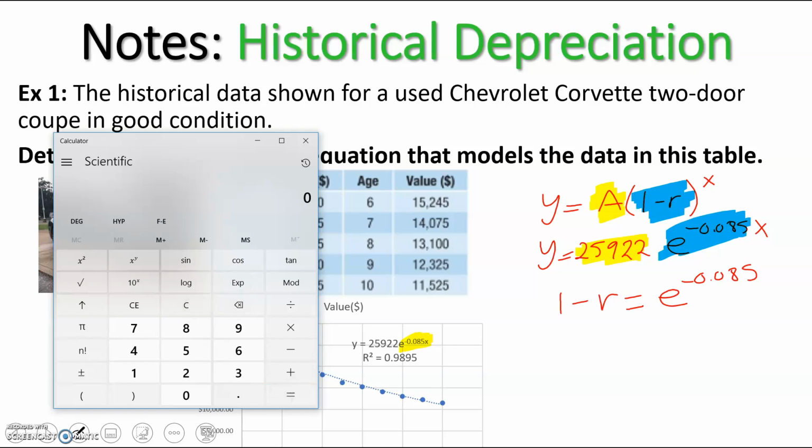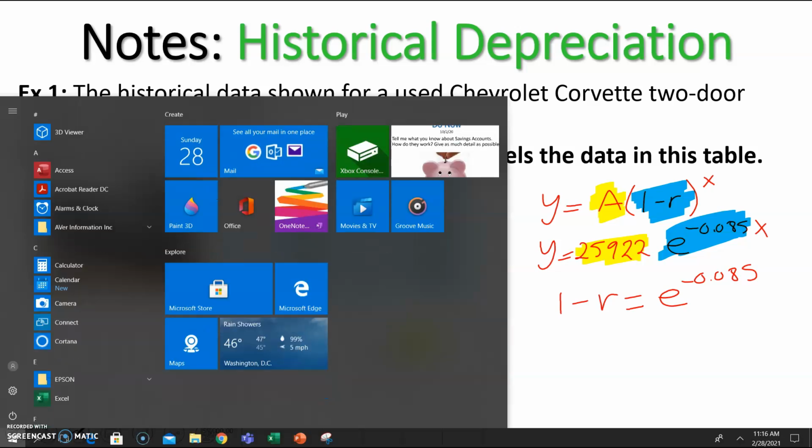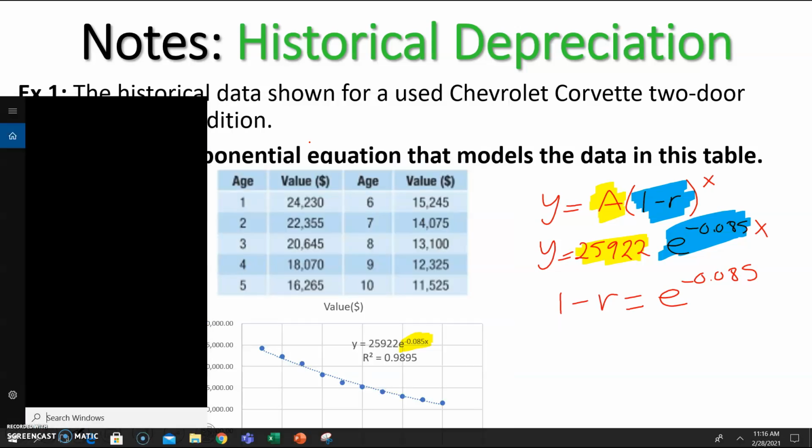Let's try that again. It does not like that. So here's what we're going to do. We are going to use our Desmos calculator.